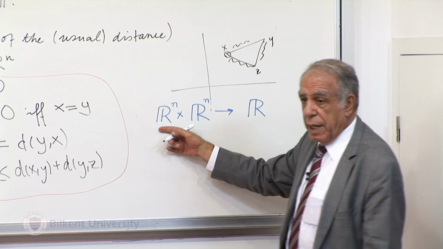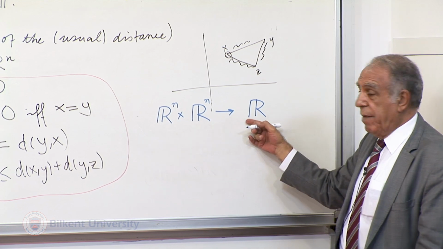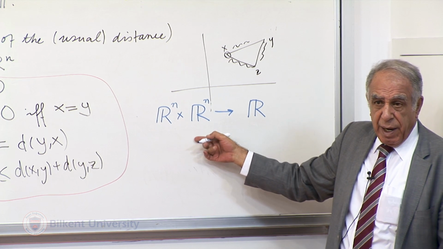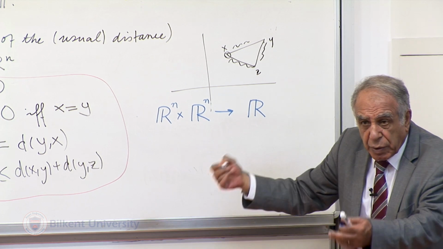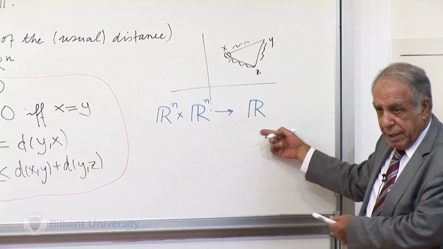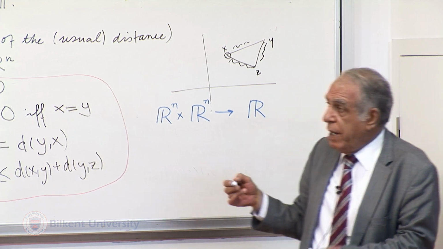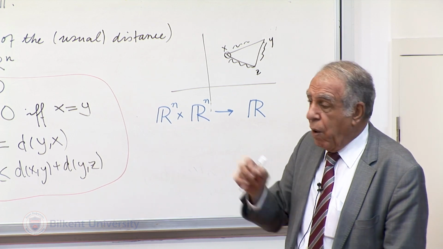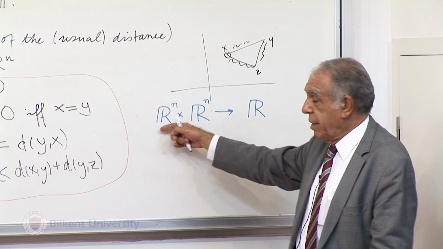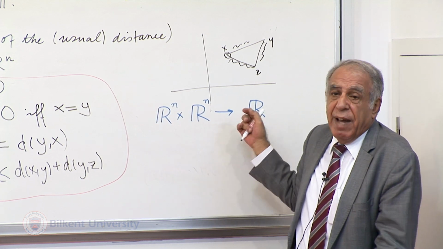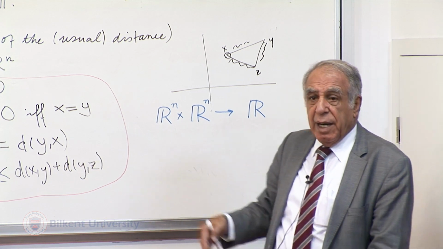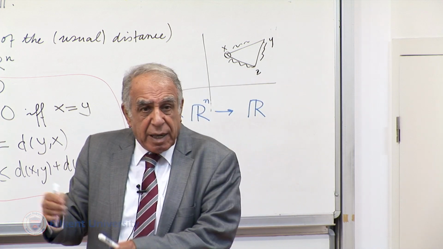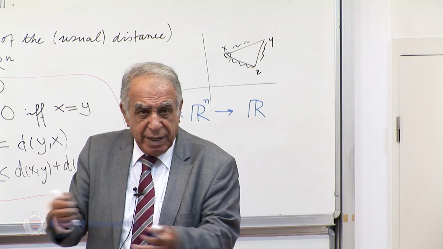It was a function on Rn cross Rn with values in R. You take two n vectors, x and y, x dot y. What you produce out of that under this operation, that's a real number. So we'll define a generalized inner product as a function on V cross V, with real values which satisfies the list of properties IP1 up to IP5, this time modified to V instead of Rn.